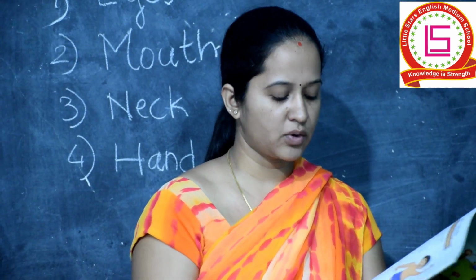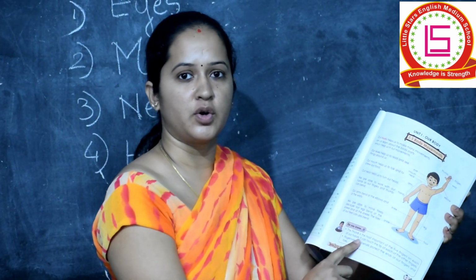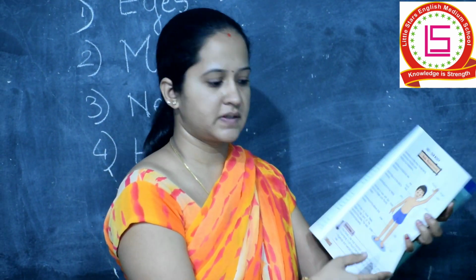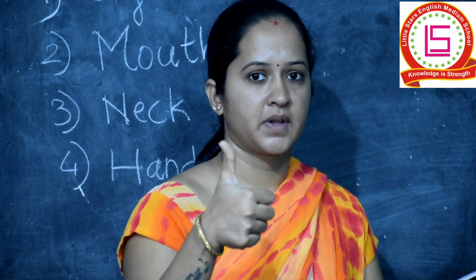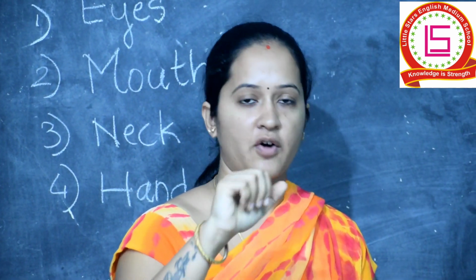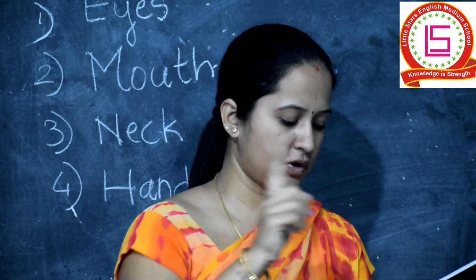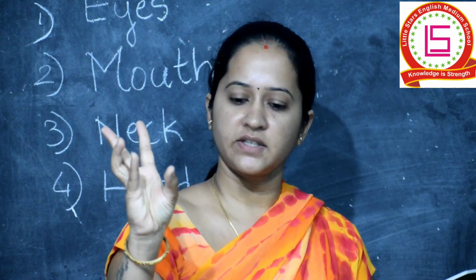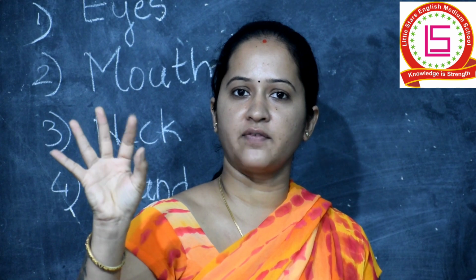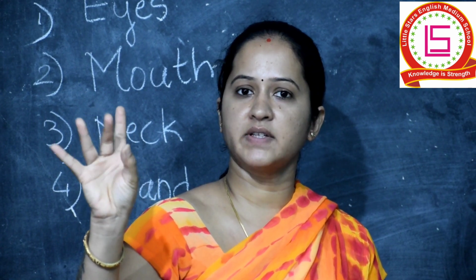Now, below that you can see it is written. Start reading this. The thumb is the most important of the 5 fingers on both of your hands. It can touch the tip of the other fingers. See, everyone see.